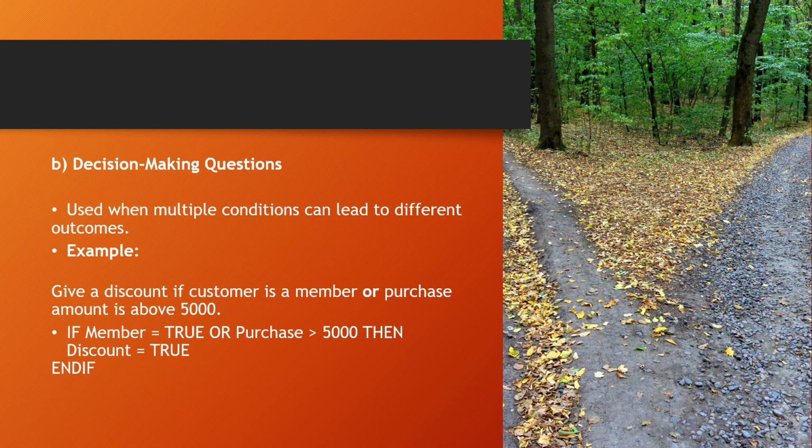Or if the customer is not a member, but has purchased items equivalent to 5,000, then he will also be given a discount. That means if either of these is true, the discount will be granted. So we don't need an AND operator here. We will need an OR operator, in which if either of the conditions is true, the answer will be true. So if member equals true or purchase is greater than 5,000, then discount will be equal to true and that customer will be given the due discount.